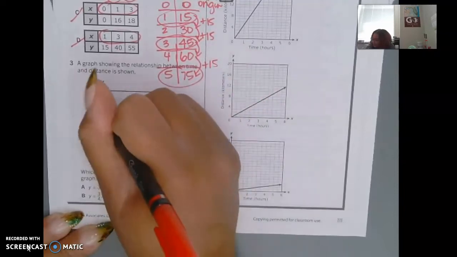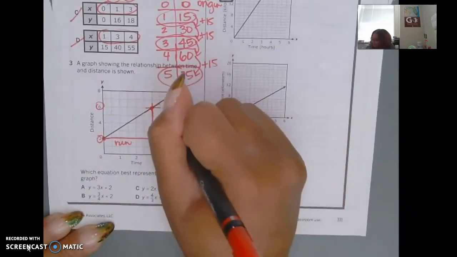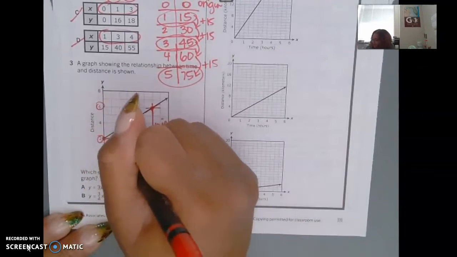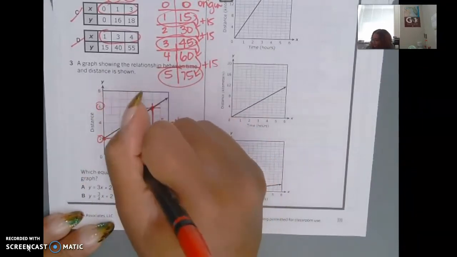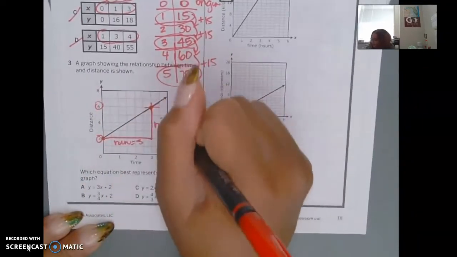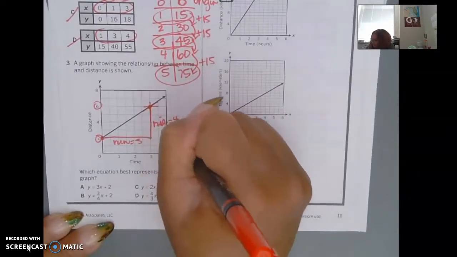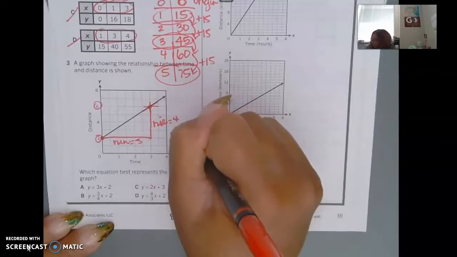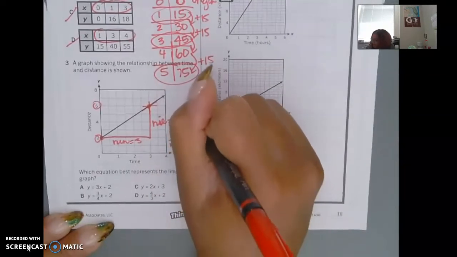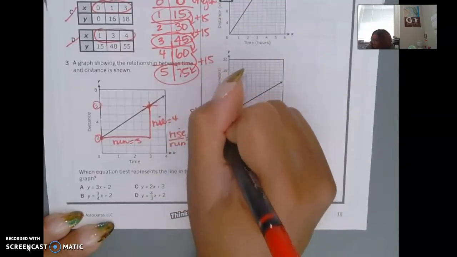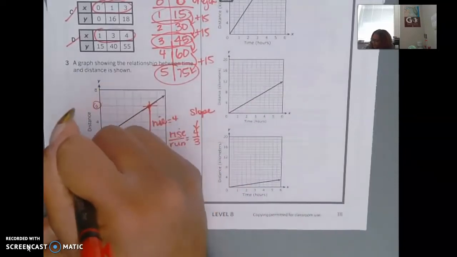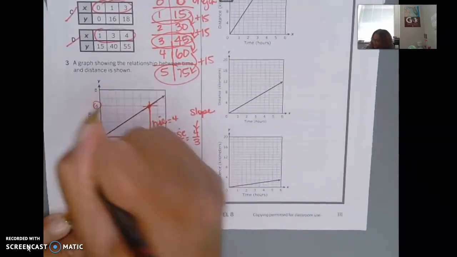The rise is from 2 to 6, which is a difference of 4. And the run is from 0 to 3, which is a difference of 3. We'll write the ratio rise over run, and that's 4 over 3. This is my slope, and then this is my y-intercept.